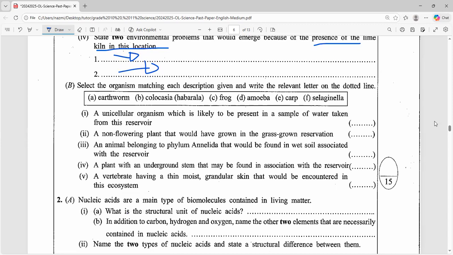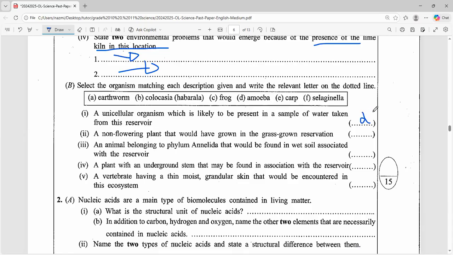Now, they have given some organisms. A unicellular organism likely to be present in a sample of water taken from the reservoir. What is the organism? C1. Frog? Frog is not unicellular. Unicellular organisms are microorganisms, they are amoeba.